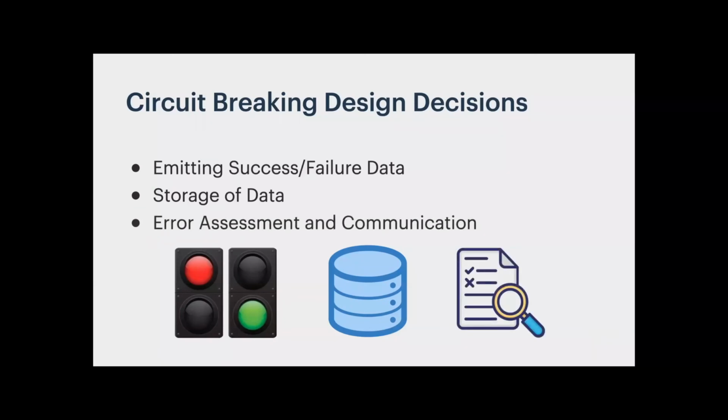Lastly, we would need to query that data store at a periodic interval in order to assess the current error threshold and compare that to the configured error threshold as defined by the user in order to assess if a circuit was tripped. If so, we would then need a way to communicate that information to propagate that change across all user microservices. With these high-level problems in mind, I'll now discuss the different alternatives we considered.